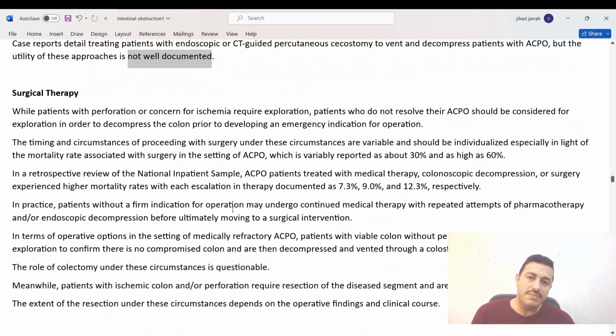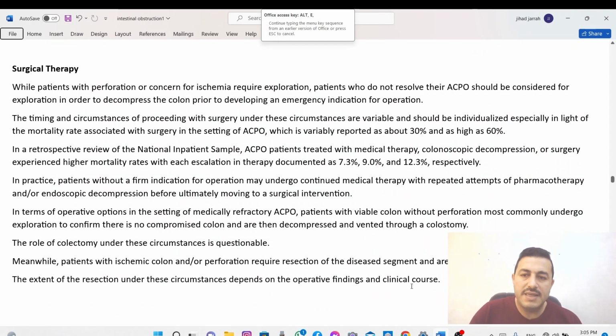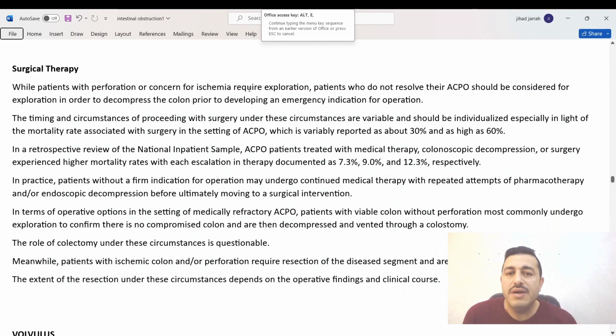About the surgical treatment, if we failed colonic decompression, we proceed to surgical treatment. Please remember that surgical therapy here is the third line treatment. It's after failure of medical treatment, failure of pharmacological treatment, failure of colonic decompression, so we proceed to surgical therapy.